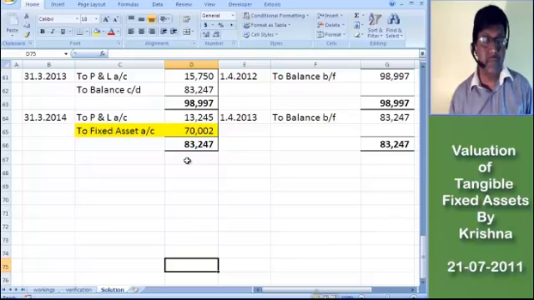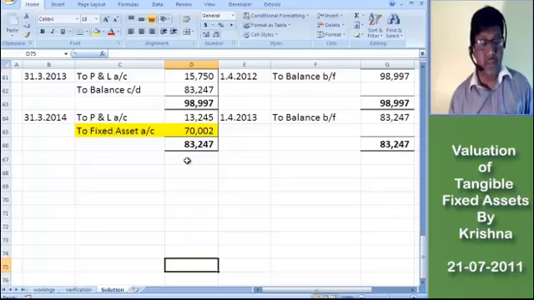For the first time, if the revaluation is done in the downward direction, what shall we do? We have to transfer that loss, the revaluation loss, to the profit and loss account. The entry is profit and loss account debit, asset account credit. Okay. First time valuation we have done in the downward direction, and subsequently for the same asset the valuation is done in the upward direction. What shall we do?